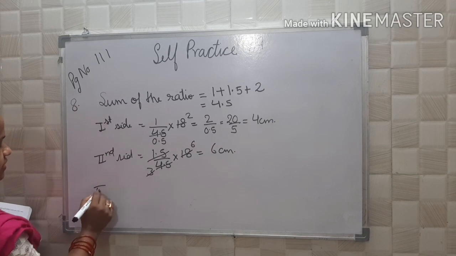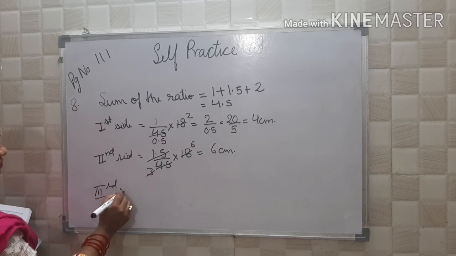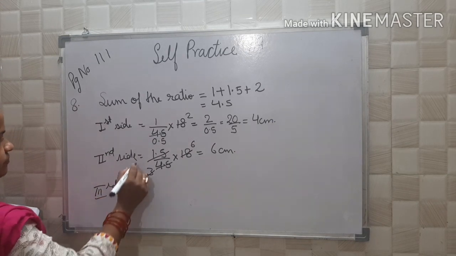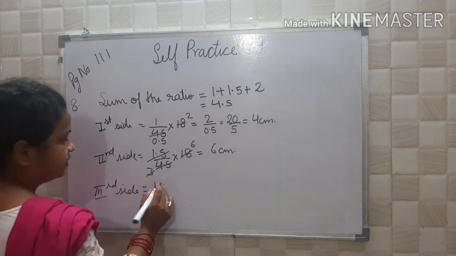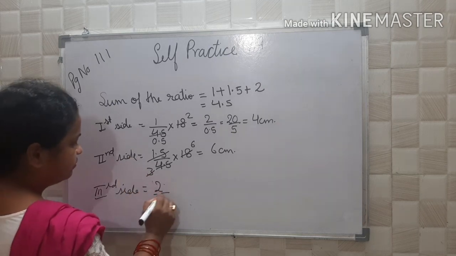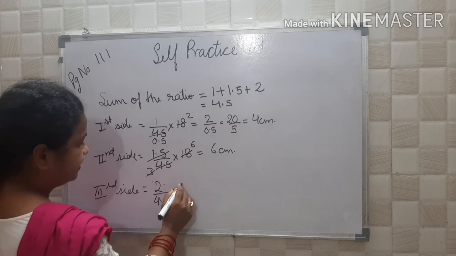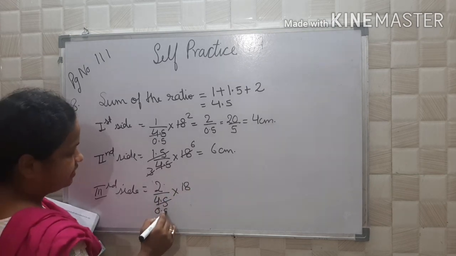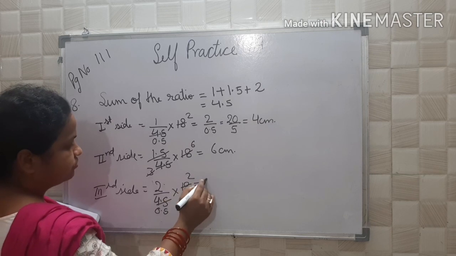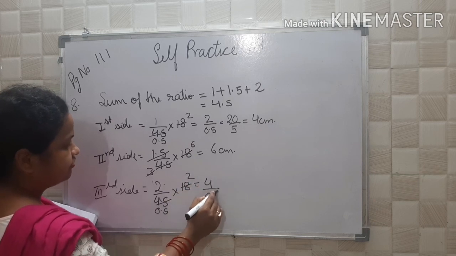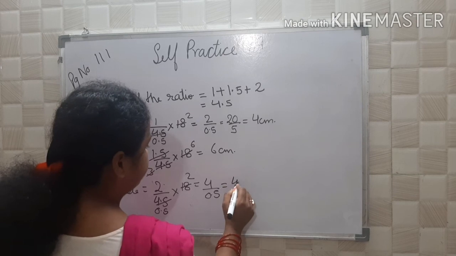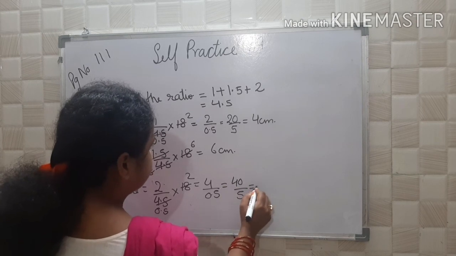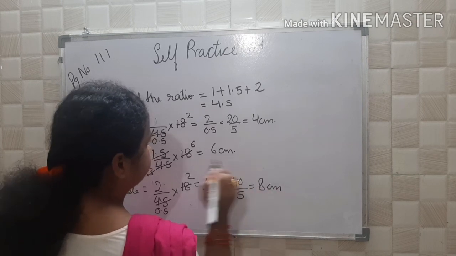And what will be the third side? 2 upon 4.5 into 18. So you know that 9 5s and 9 2s. So 4 upon 0.5 means 40 upon 5, that is equal to 8 centimeter.